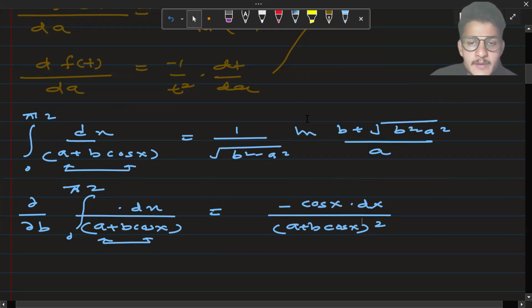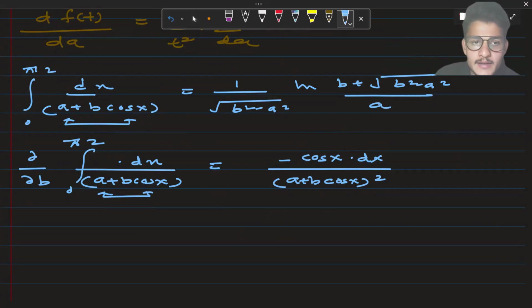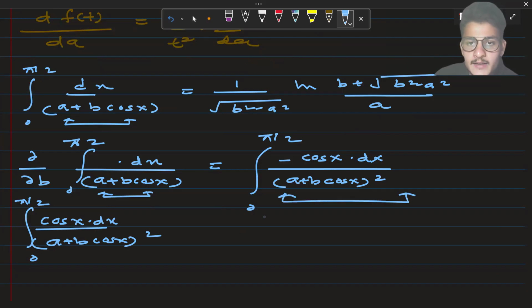So this result will be received, and that is what is required in the answer. The answer requires the integral of cos x dx upon a plus b cos x whole square from 0 to pi by 2. This is required, but we are getting a minus sign here.